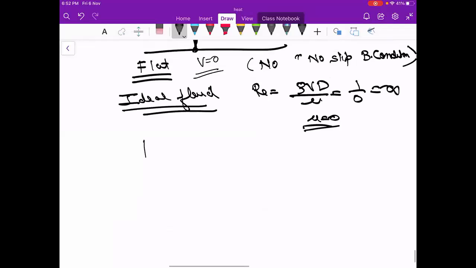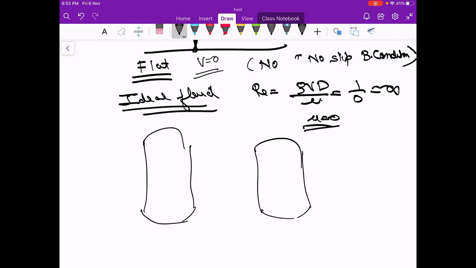Okay. So if you want to see the fluidized bed and packed bed. Suppose this is the fluidized bed, it will be like this, and the packed bed will be like this. Both are types of reactors. So which reactor will behave as a plug flow reactor?